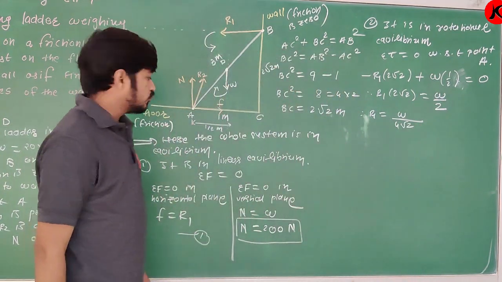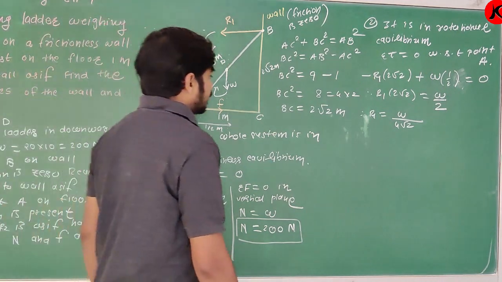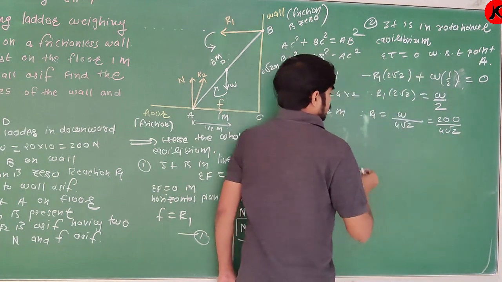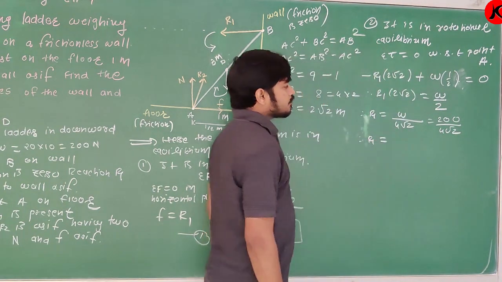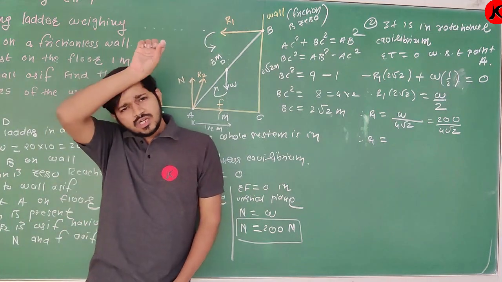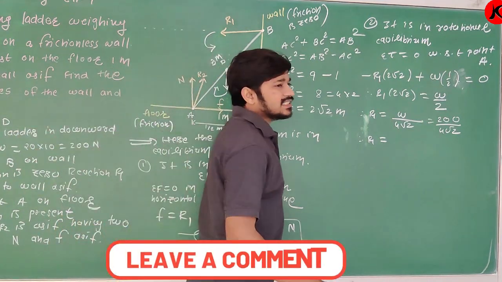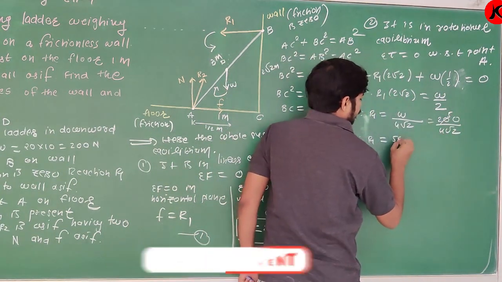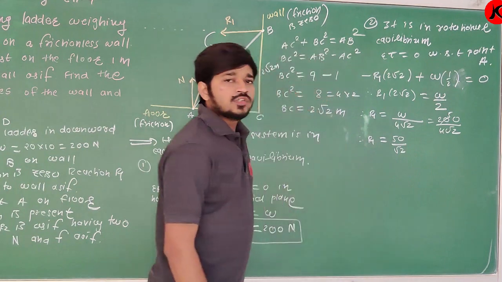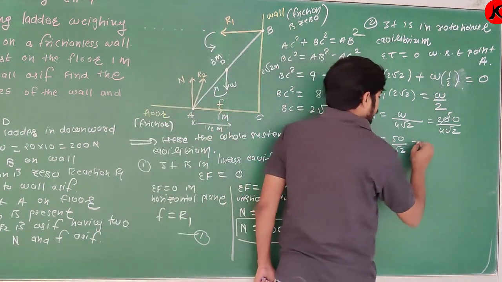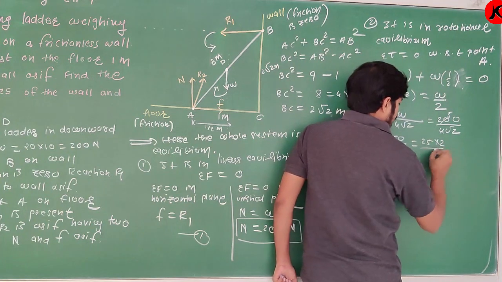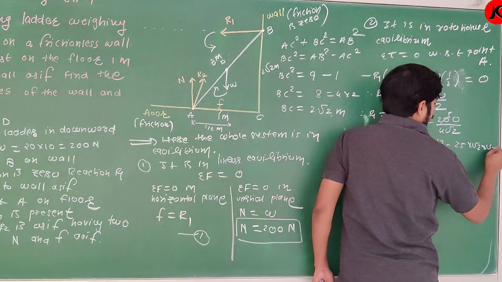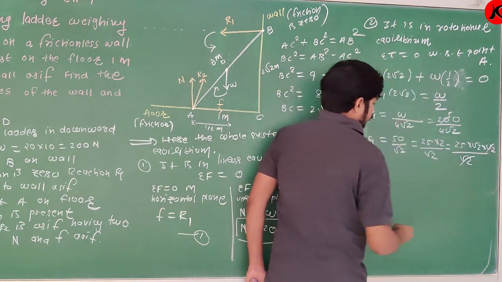Now W is 200, so R1 is 200 divided by 4. It is easy: 200 divided by 4 is 50 divided by 2, or you can write it as 25 into 2 divided by 2, where 2 is root 2 into root 2, so root 2 cancels.